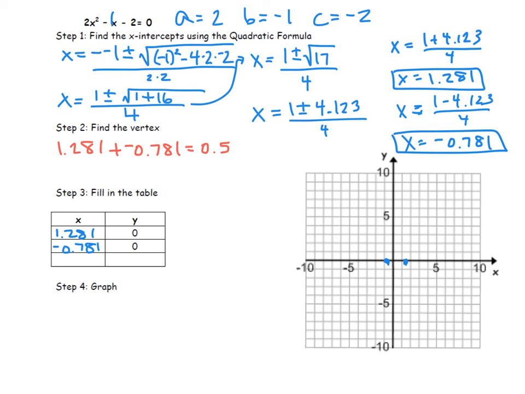And remember, we need to then take that 0.5 and we have to divide it by 2. So that's like taking a half and dividing that by 2, so it's 1/4. So 0.25 is our line of symmetry location.